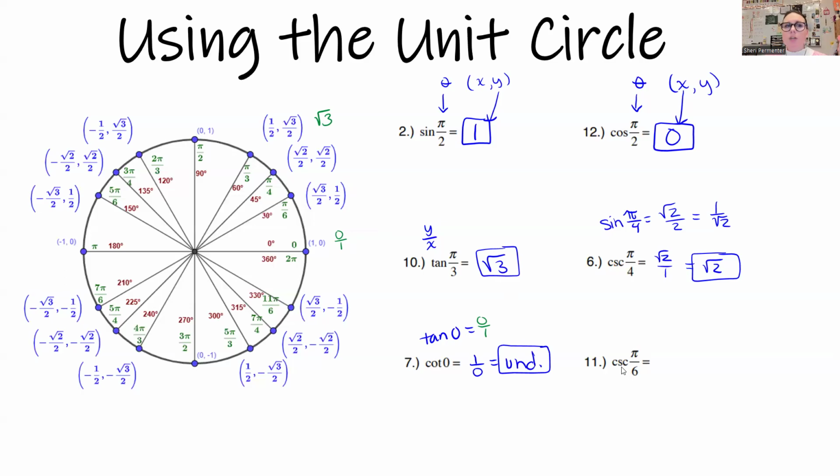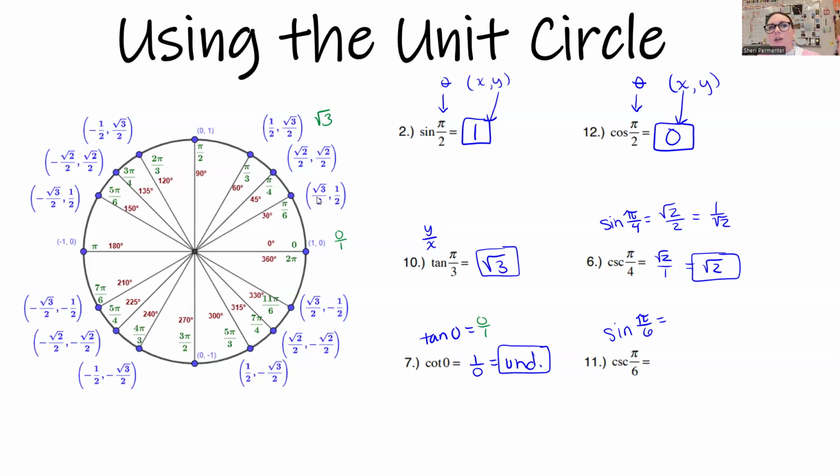Cosecant again. What goes with cosecant? Sine. So I'm going to look for sine of pi over 6. So pi over 6, I remember that over 6 goes with 30 degrees. So it's this one, pi over 6.